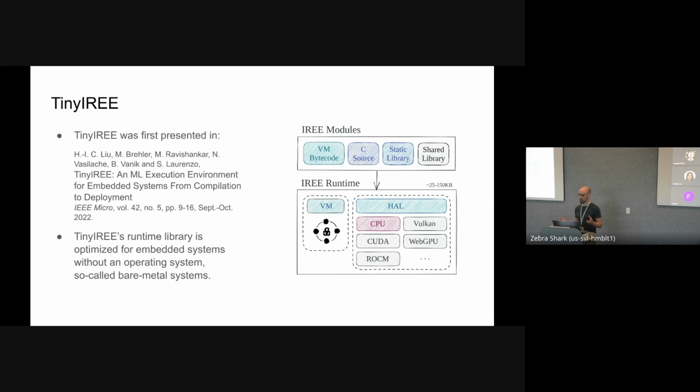And the IREE runtime itself includes a virtual machine and a hardware abstraction layer. We actually only focus on the CPU, but the hardware abstraction layer covers for you all the other device options where you can technically deploy your workloads, like Vulkan, CUDA, ROCm, or WebGPU.